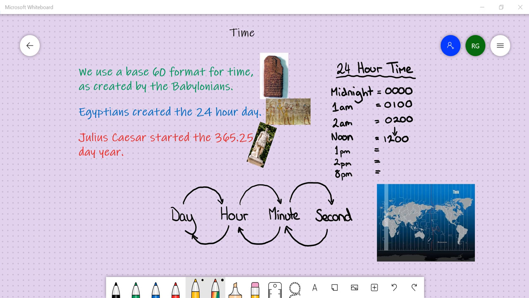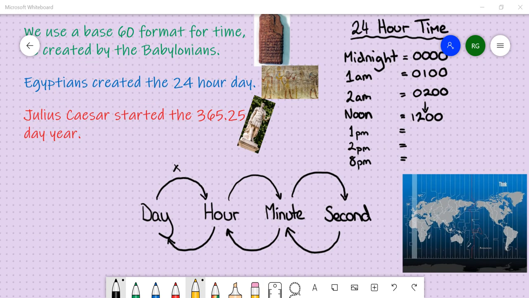Now, just as in previous lessons where we've converted kilometers to meters and meters to seconds and so forth, we can do the same thing for time. If you're looking at the screen, if we go from days to hours, rather than multiplying by 100 or 1000 like we did using measurement, we multiply by 24, as there are 24 hours in one day.